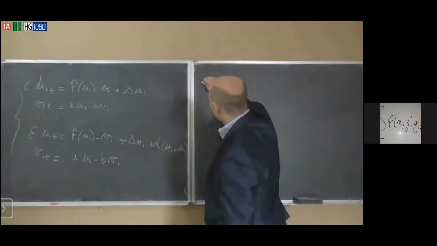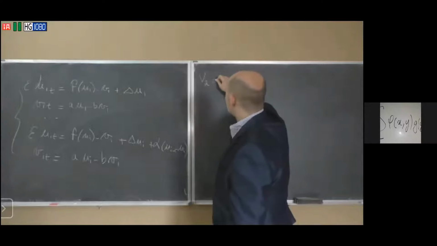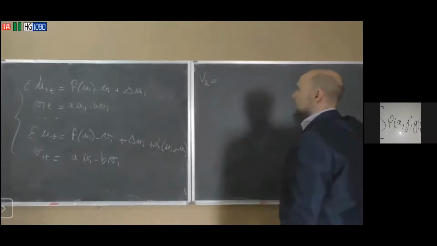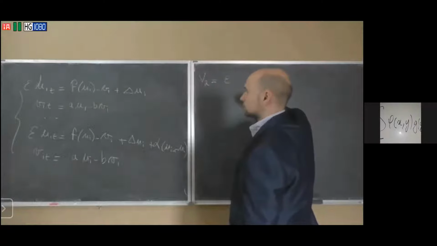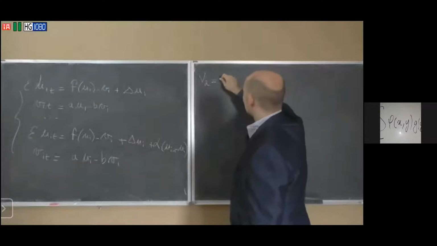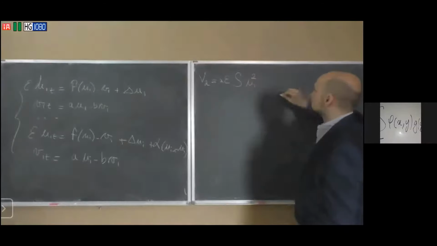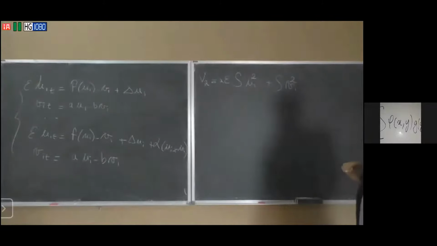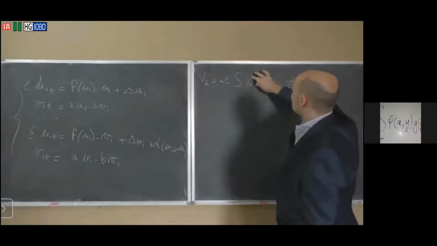We're going to write V2 is going to be A epsilon, yes, but of course, what I want is not that, but this one.